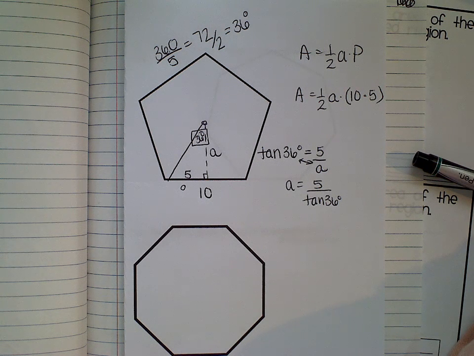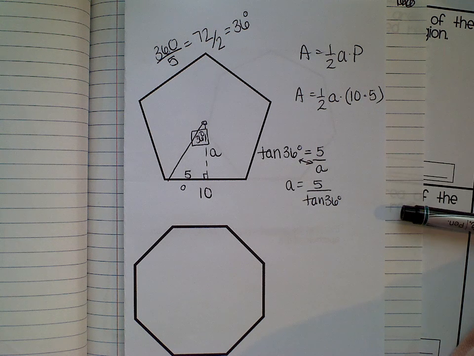Come on, Desmos, I know you can do tangent for me. Degrees. This is not doing this correctly. And I put a degrees button. Is that a thing?